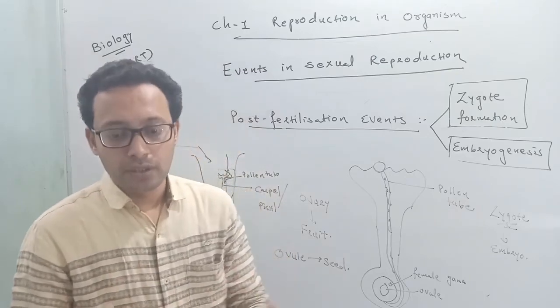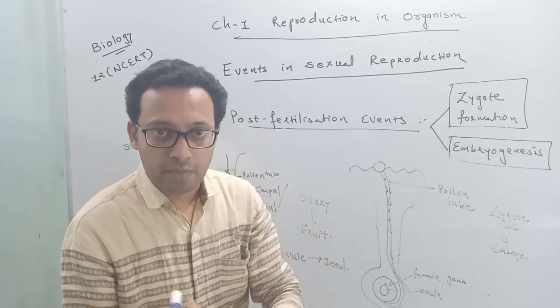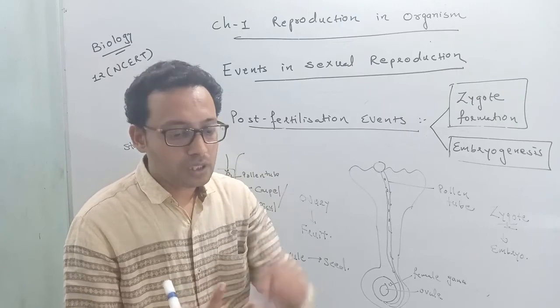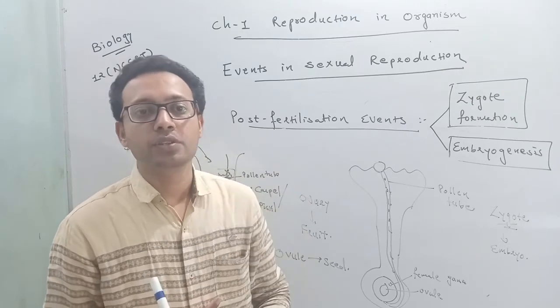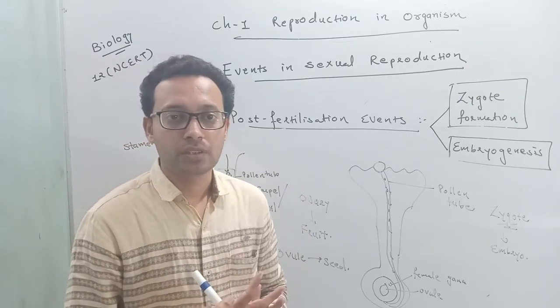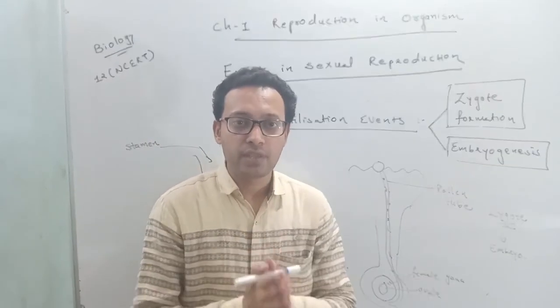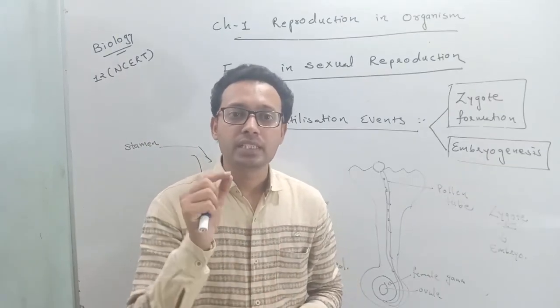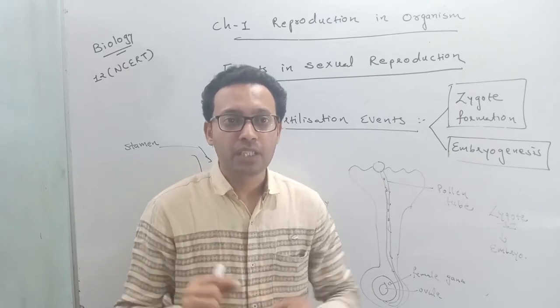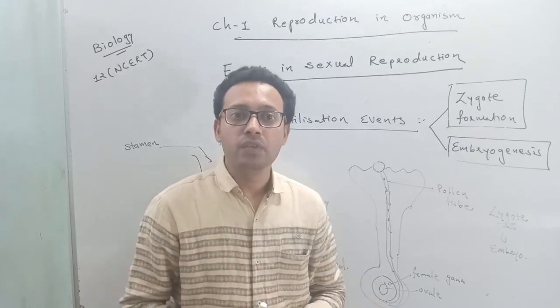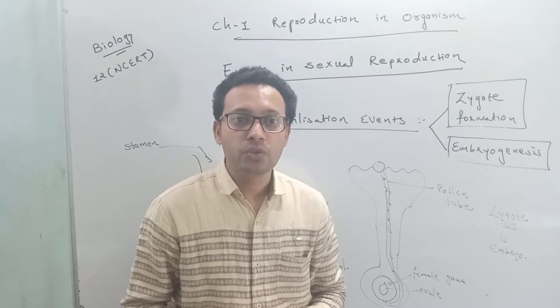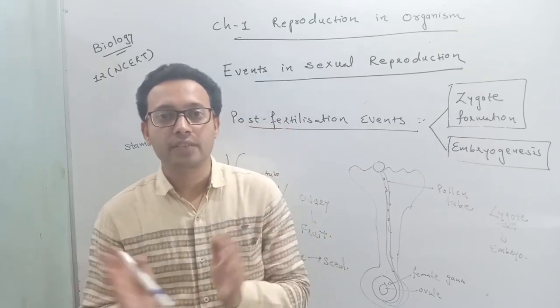You should know gametogenesis, gamete transfer, fertilization, zygote formation, and the embryogenesis process, because they are important. Okay, so here we end chapter number 1. It is reproduction in organisms. In the next session, we will start with chapter number 2. It is sexual reproduction in flowering plants.